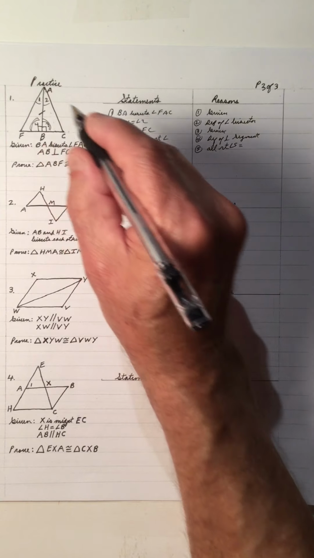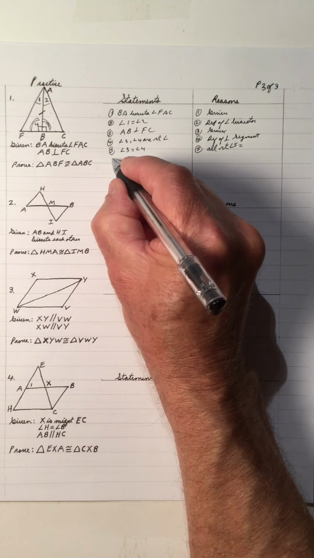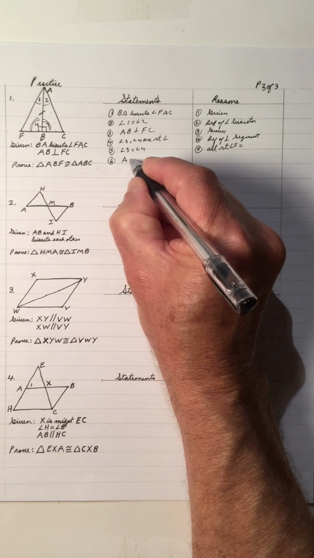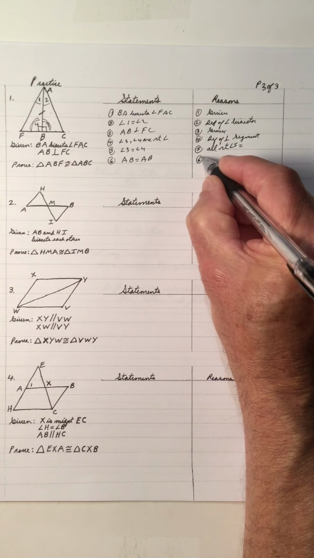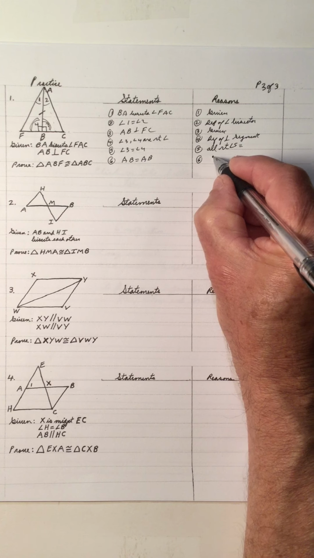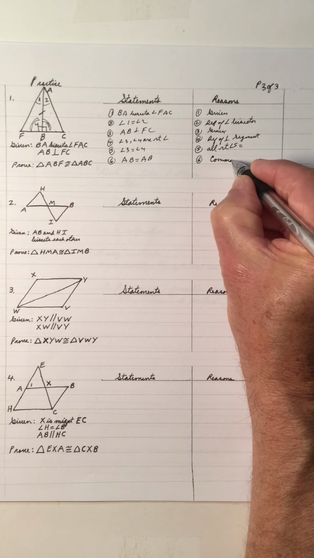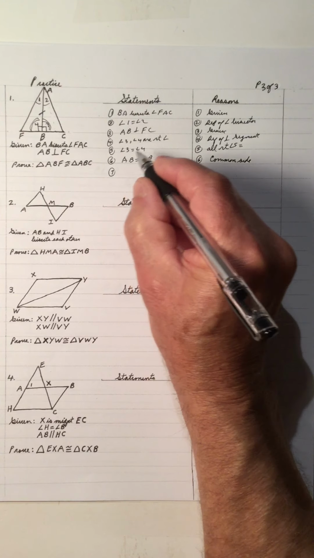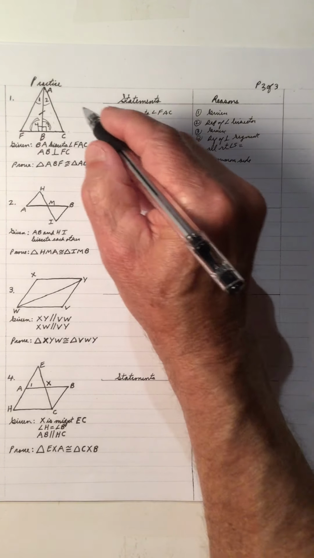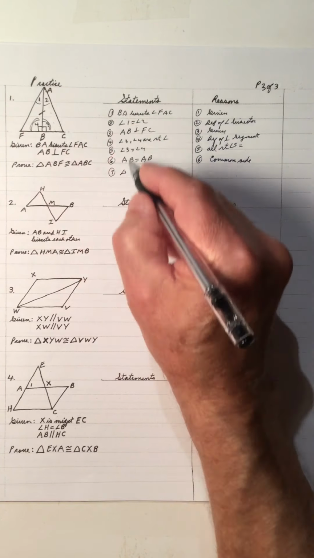So I got the two angles equal. So I have to get the side. So AB equals AB. It's a common side to two triangles. AB is in both triangles. And as a result, I have angle, side, angle.